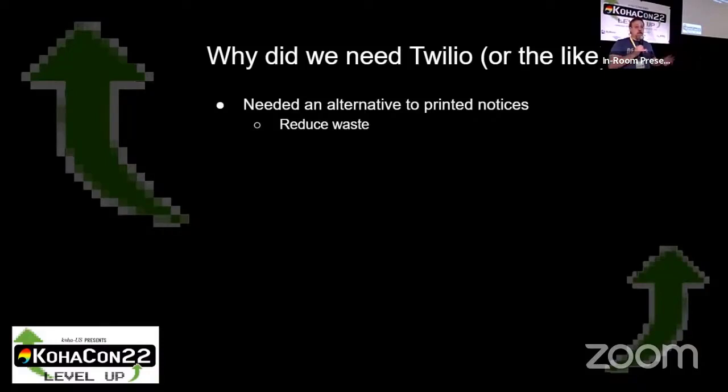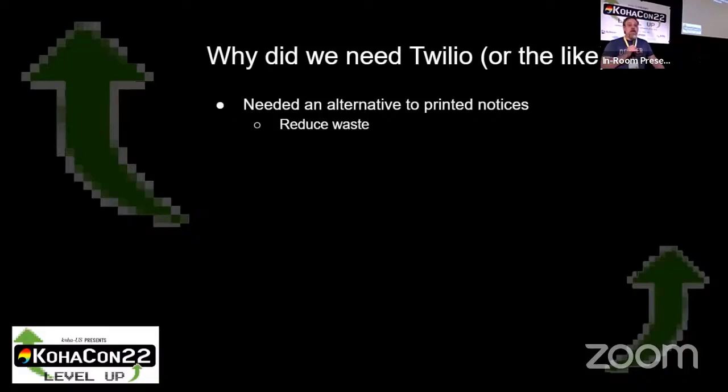We already had text through Koha's built-in text SMS mechanism, but we needed to move over to phone. We wanted to give our patrons an option to do phone for those that didn't have email or a smartphone. So phone was a good alternative for patrons that used to get print notifications.